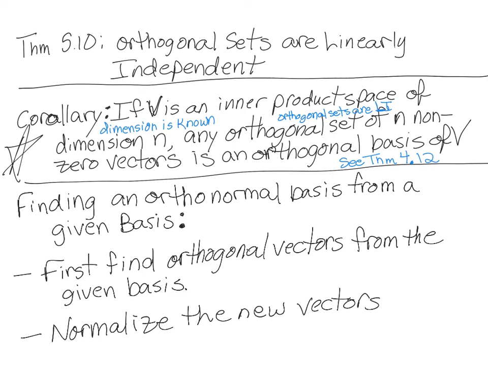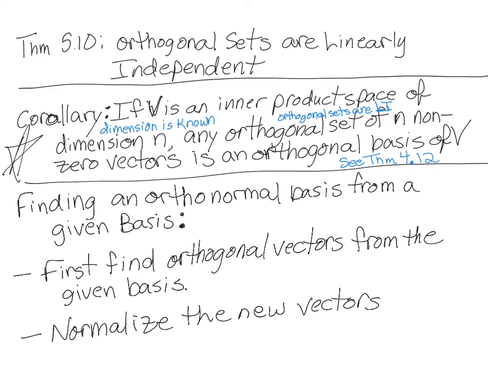Okay, so the corollary: if V is an inner product space of dimension n, in other words the dimension is known, any orthogonal set of n non-zero vectors is an orthogonal basis of the inner product space. Remember, orthogonal sets are linearly independent, and if the dimension is known, theorem 4.12 said you only have to satisfy spanning or linear independence.